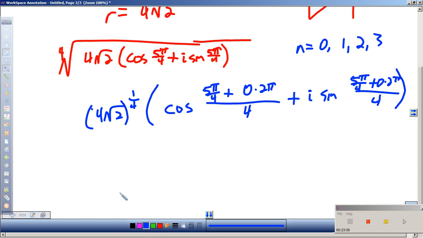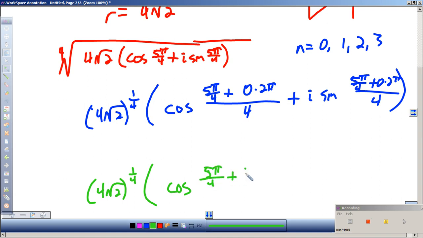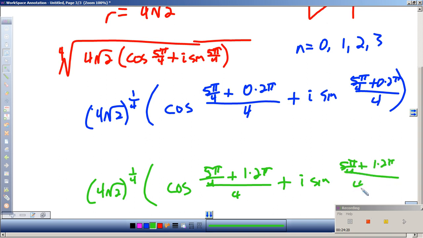Yeah, then we're going to do the next one. So I'm going to leave a little space here. 4 root 2 raised to the 1/4 cosine of 5 pi over 4 plus 1 times 2 pi over 4, plus i sine of 5 pi over 4 plus 1 times 2 pi all over 4. Okay, and then we do it 2 more times.